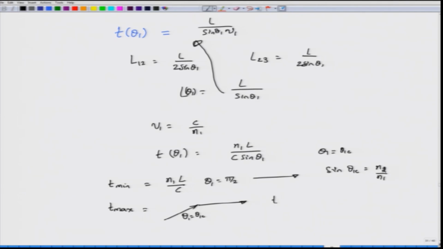So, the maximum time is given by n1 L divided by c, sin theta 1c, which is n2 by n1. Therefore, n1 goes on to the top, and you will have n1 square L by c n2. This is the maximum time duration.